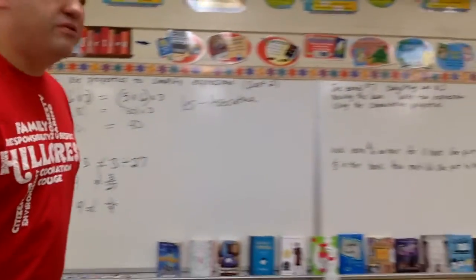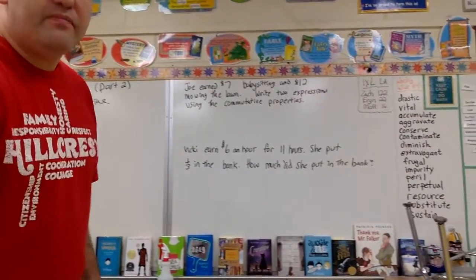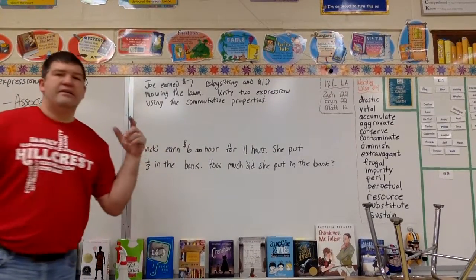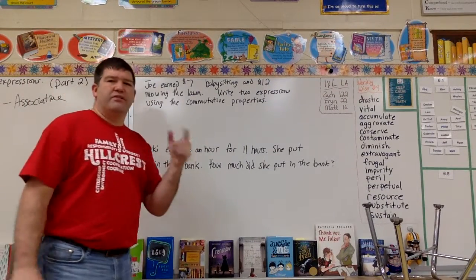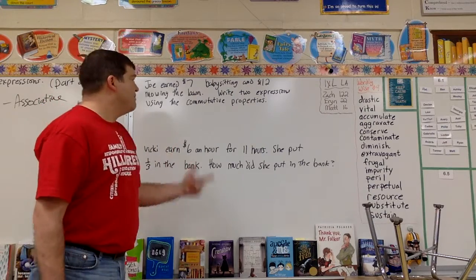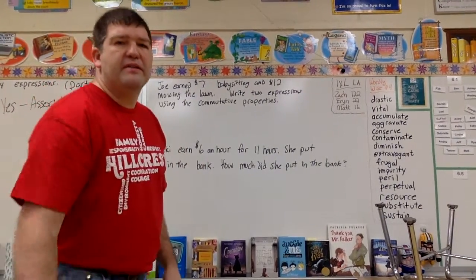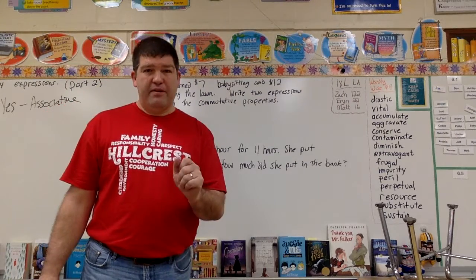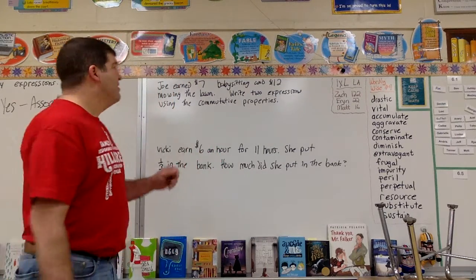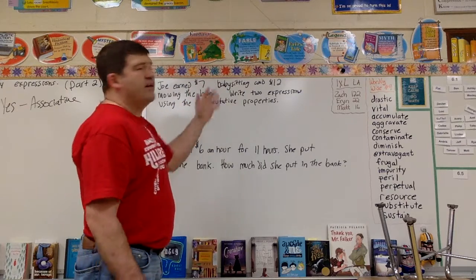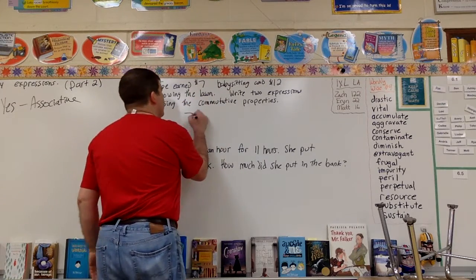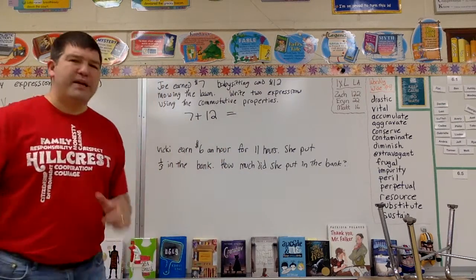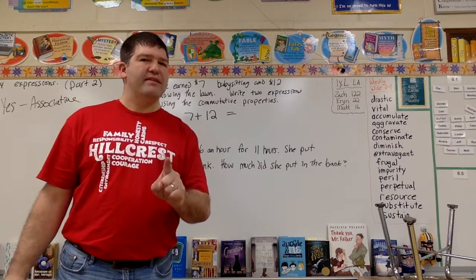Okay, let's do 2 problems over here. This first one, Joe earned $7 babysitting and $12 mowing the lawn. I want to write 2 expressions that equal each other using the commutative property. So he earned 7 for one thing and 12 for another. So 7 plus 12. How else, based on the commutative property, could I write this?